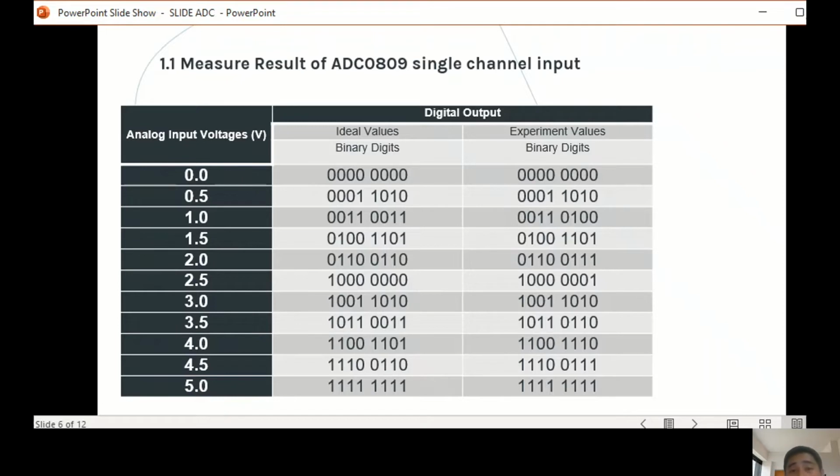The first one is the measured result of the ADC0809 single channel input. With 0.5 step size, we get 10 values of different experimental binary digits.